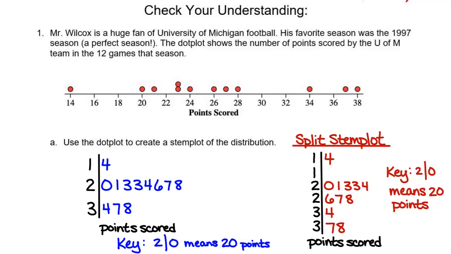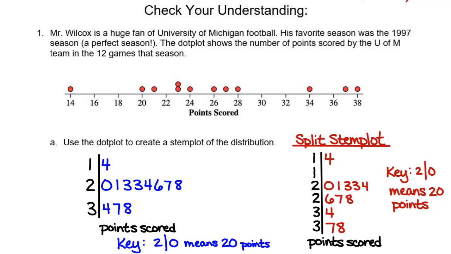Overall, would you guys describe this distribution as being skewed left, skewed right, or approximately symmetric? I would go with approximately symmetric on this one. I do think there is a slight skew there, but I think it is so slight. Like here we only have 2 extra data values versus the 1 right there. I think it's such a small difference.